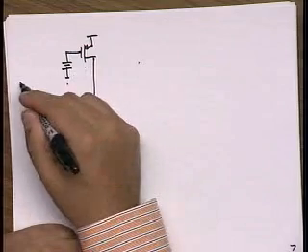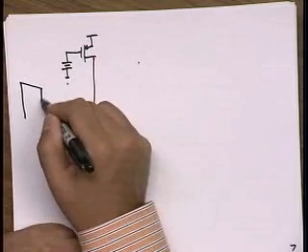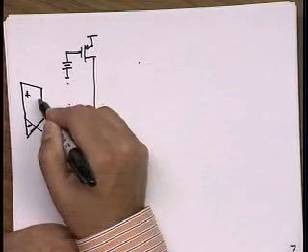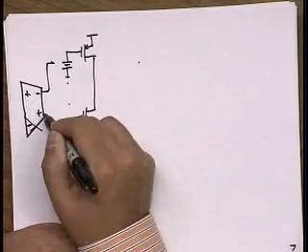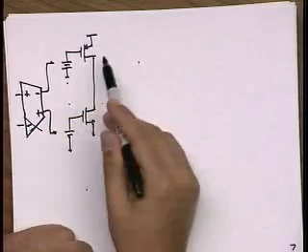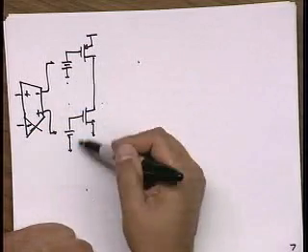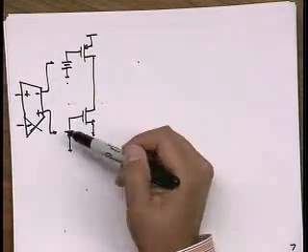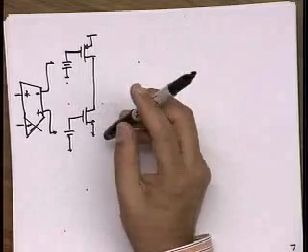Well, the issue is that what I'd really like to do is drive this with a transconductance stage. So I have my transconductance stage, and it would like to drive this output stage. What's the issue? What if I just connect these outputs here and here? What's going to happen?